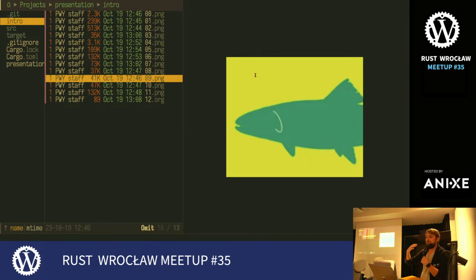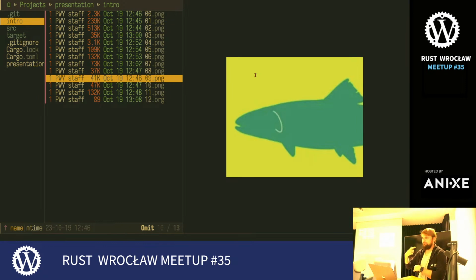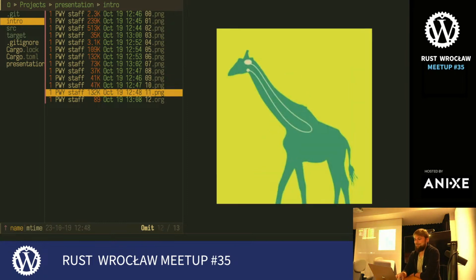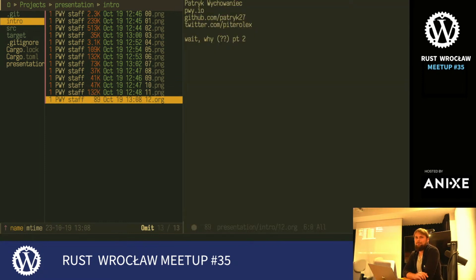So this connection that goes through this aortic thingy makes more sense in their case. Then we have us, more or less like that. And then we have giraffes. Pretty wild. And with this introduction, I would like to welcome you to my talk, which is also called Wait Why, part 2.